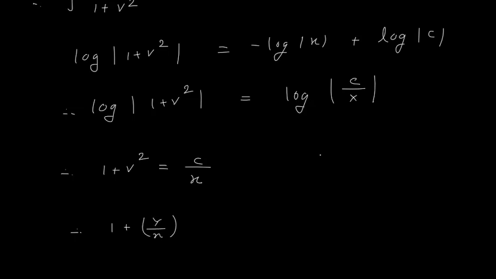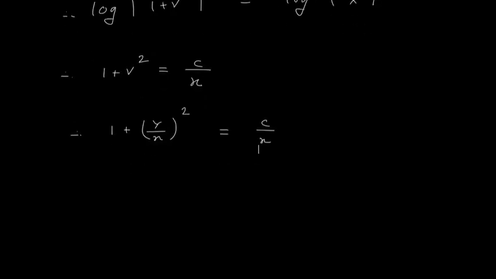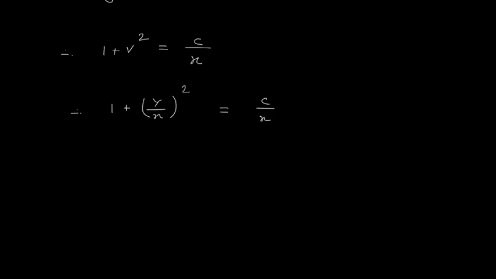So 1 plus y upon x the whole square is equals to c upon x. Okay, that's it. This is the required solution. If you want, you can multiply both the sides by x square. So you will get therefore x square plus y square is equals to xc, the required solution of your differential equation.